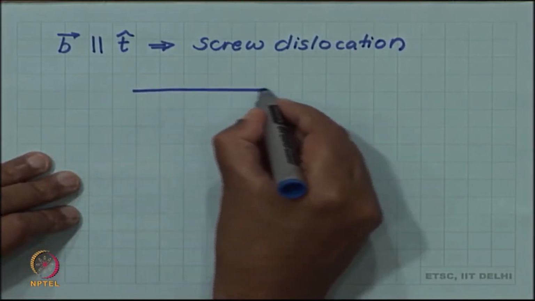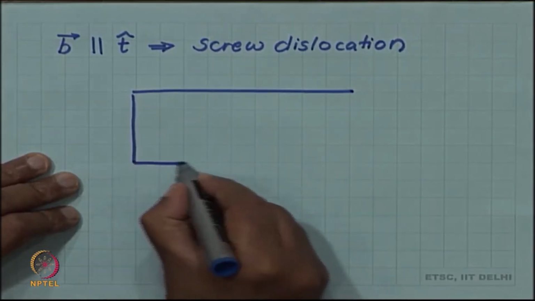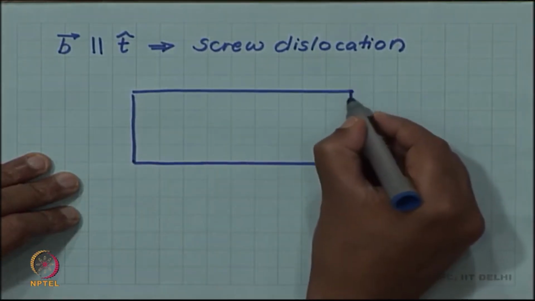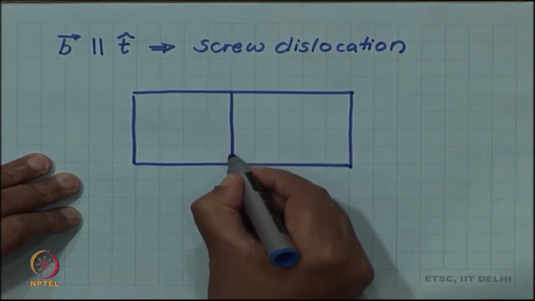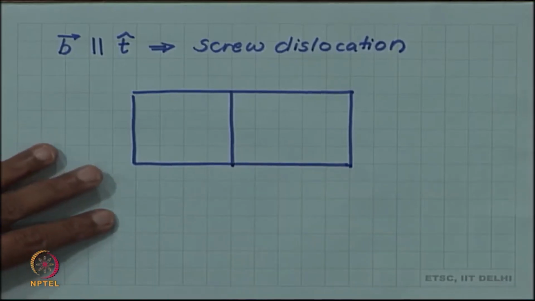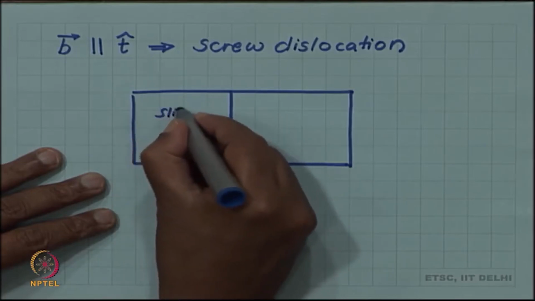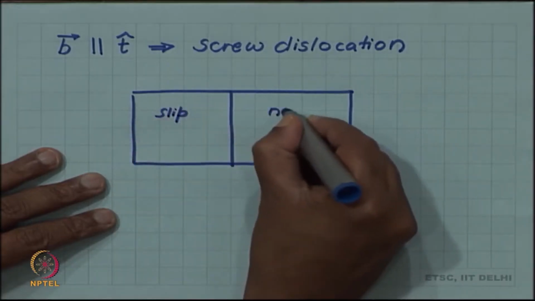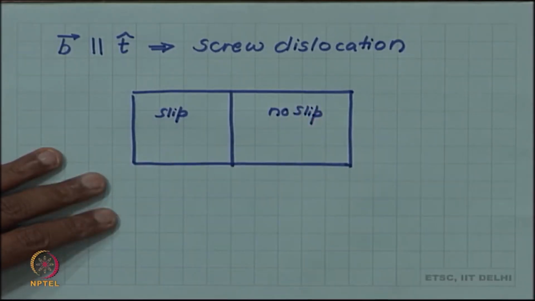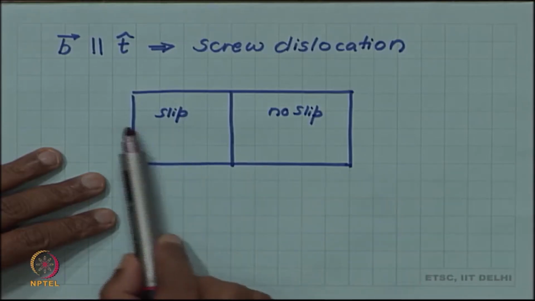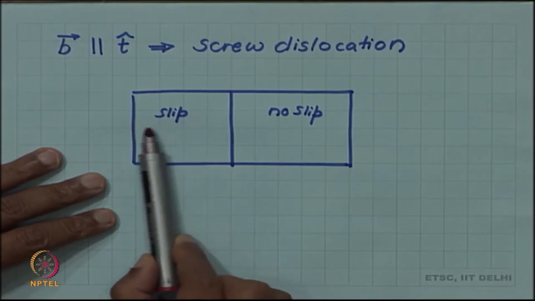If I again draw that slip plane picture, the slip plane is here and I want this line to be the dislocation line. So, this side is the slip side and this side is the no slip side. But for the edge dislocation, I pushed the slip side perpendicular to the dislocation line.